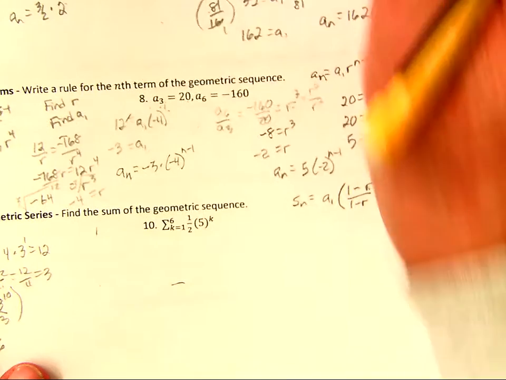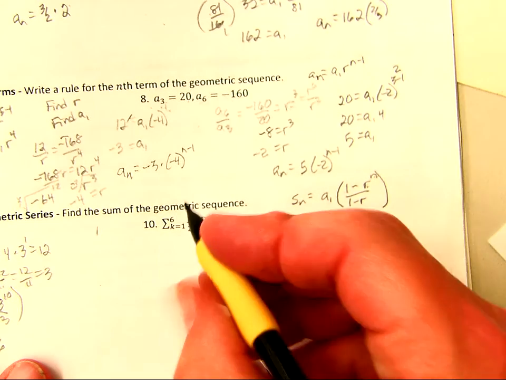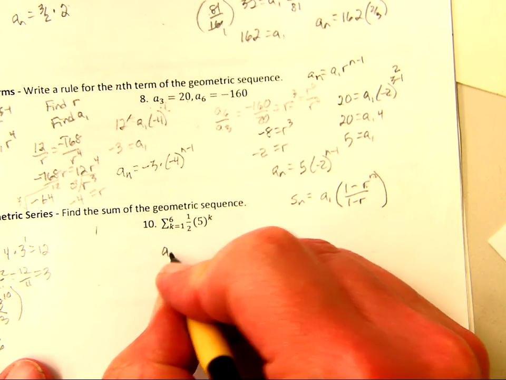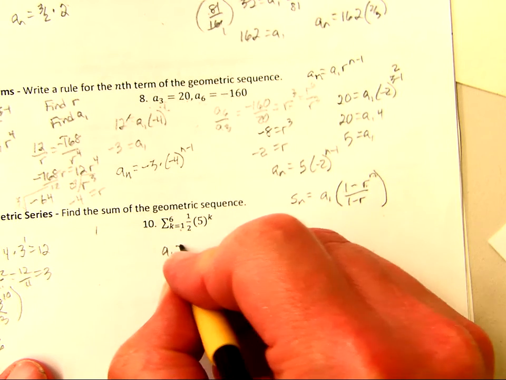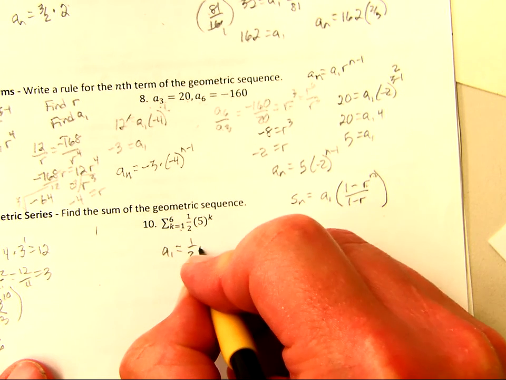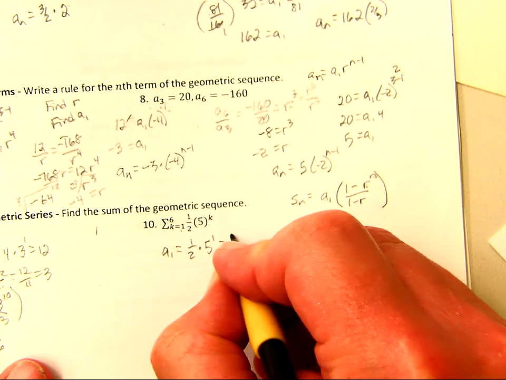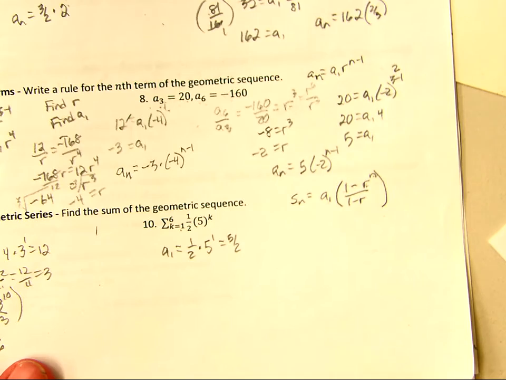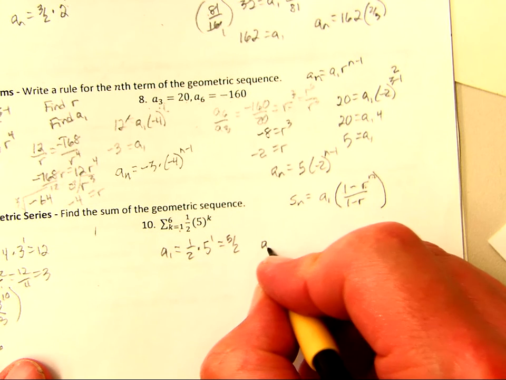Okay. Same with this one. Here we want to find the sum. So first, let's find a1. It starts with k equals 1. If we plug in 1, that's 1/2 times 5 to the first. So that's 5/2. Now we need to find a2.